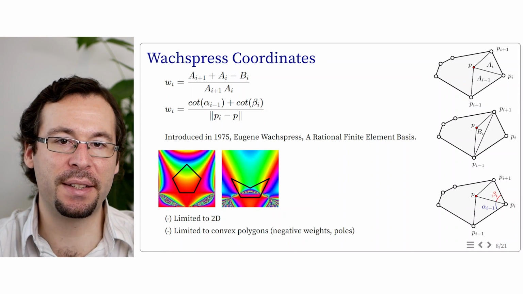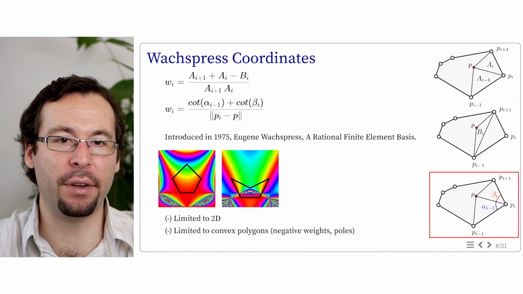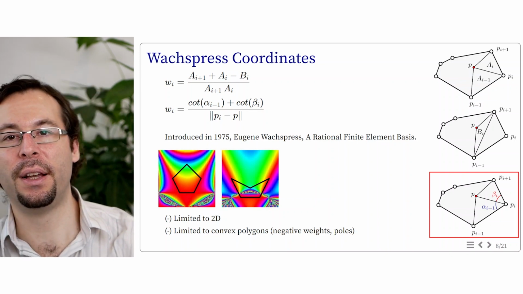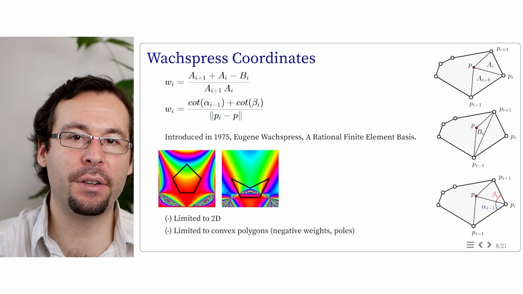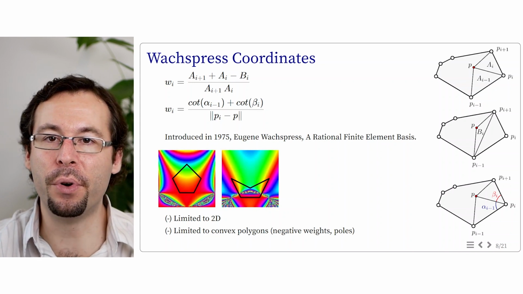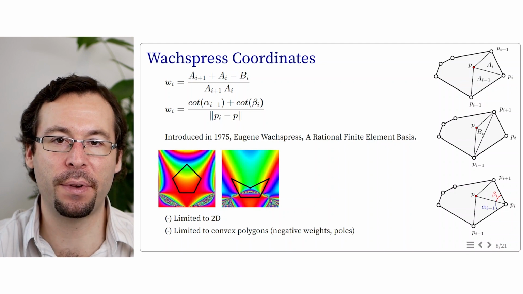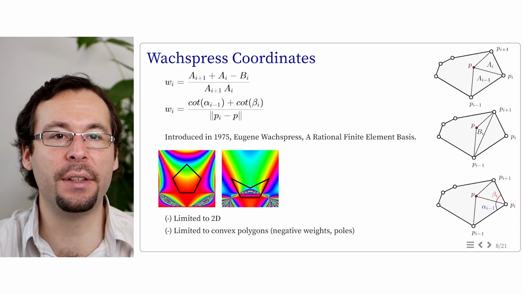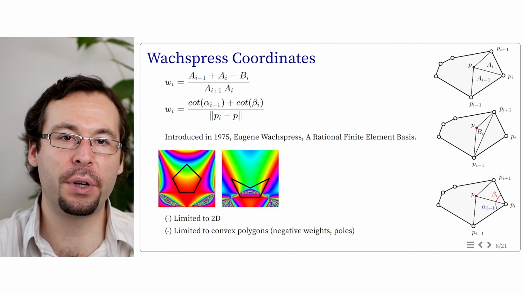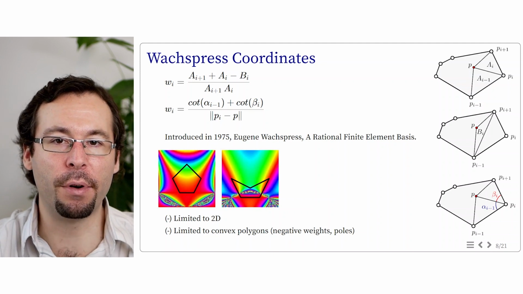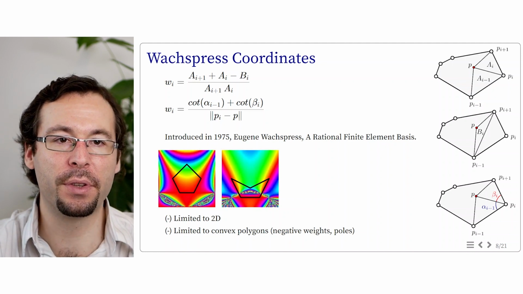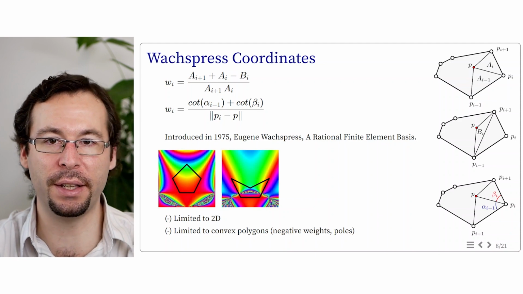Or we can also express it using the angles of the triangles, or more precisely, the cotangent of these angles. The Wachspress coordinates were the first generalization of barycentric ones, proposed in 1975. They still have good properties in the nice cases, but they only work in 2D and for convex polygons. Otherwise, we may have negative weights or even poles appearing. So they are not so much used in graphics.